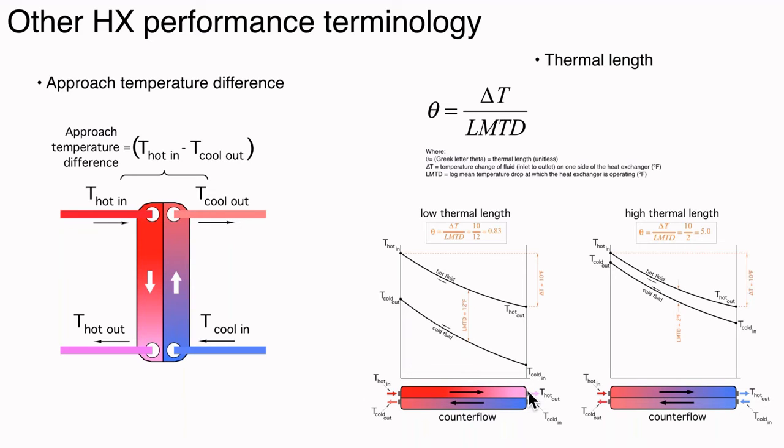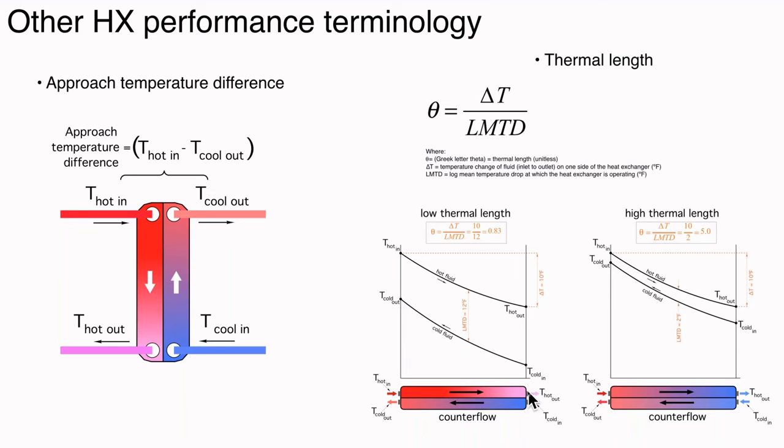And when we have fluids that are at very different temperatures, for example, let's say we have boiler water at 180 degrees, and we're transferring that into cold domestic water at 50 degrees. That's a huge delta T, and we would have what's called a very low thermal length. That's a very easy situation for a heat exchanger, and a relatively small heat exchanger could give you good rates of heat transfer under those conditions.